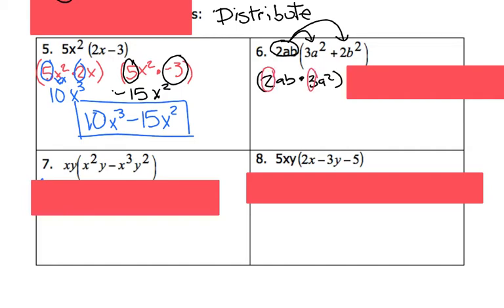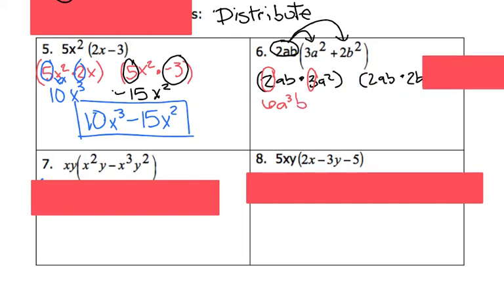So you get 2 times 3, 6. I have A and then A squared, which is 2A, so that's a total of 3 A's, A cubed. And then I only have 1 B. All right, so we did that part. Then we have the second part, 2AB times 2B squared. 2 times 2 is a positive 4, so there's where plus 4 comes into play.